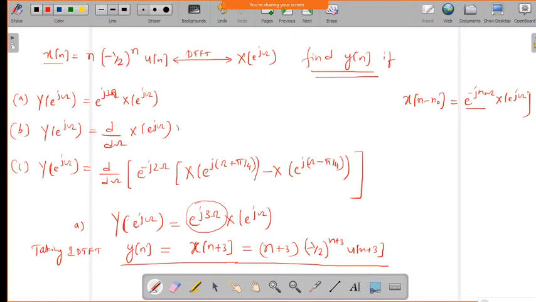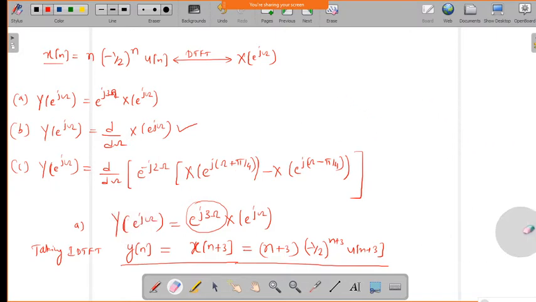So now find out using the differentiation property, the frequency differentiation, find out this one, try to find out. Anybody has done?